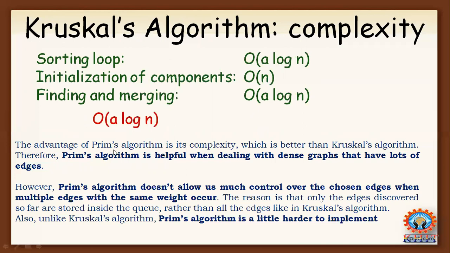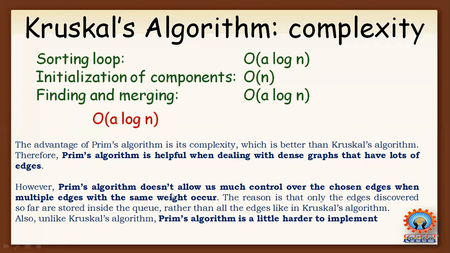The main advantage of Prim's algorithm is that its time complexity is better than Kruskal's algorithm. Therefore, Prim's algorithm is helpful when dealing with dense graphs that have lots of edges.